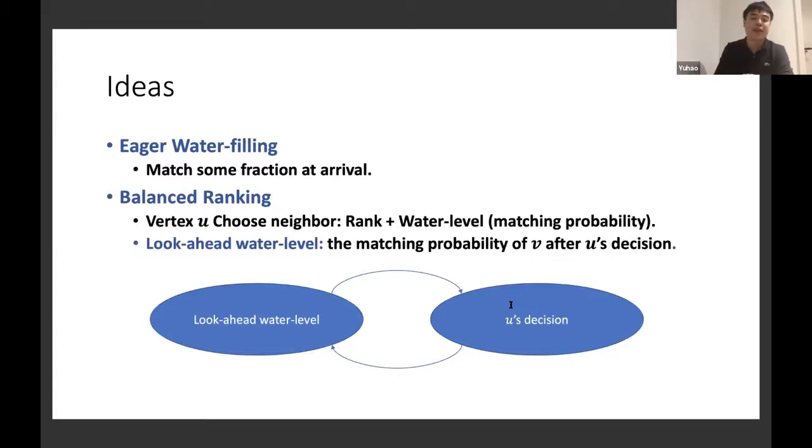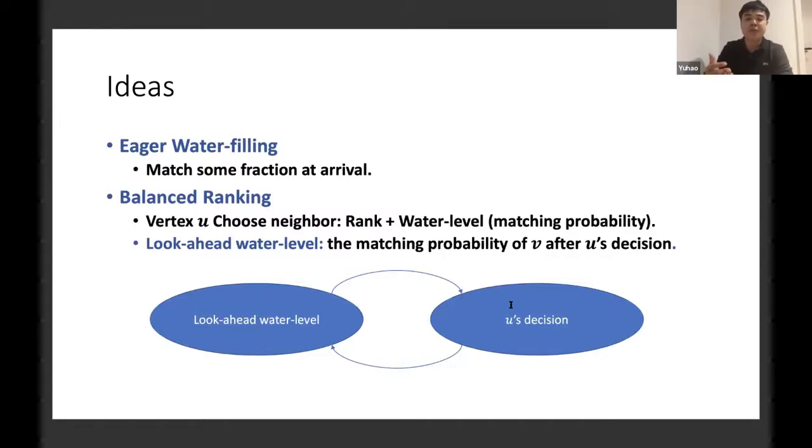For balanced ranking, it is a little bit more complicated. We still make the algorithm lazy, but when a vertex u wants to choose a partner, previously in ranking it only cares about the neighbor's rank. This time, we additionally let it consider the water level of its neighbors. Here, water level means the matching probability of that neighbor.